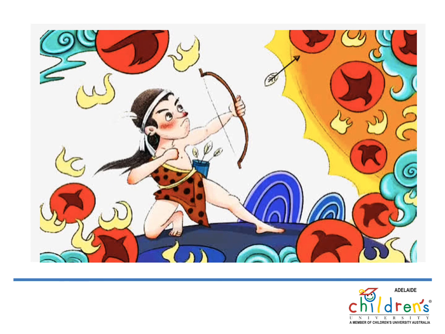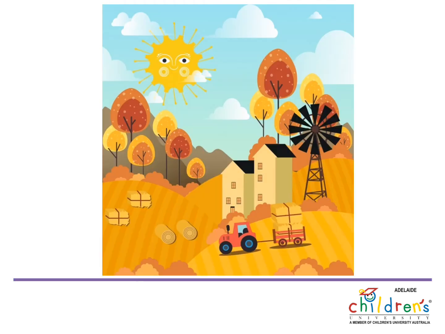So Yi made a brave attempt, shot down 9 of the suns and left one up in the sky. So eventually it got back to the routine, and you can see that everyone is living happily, where the trees grow and animals enjoy the sunshine during the day.